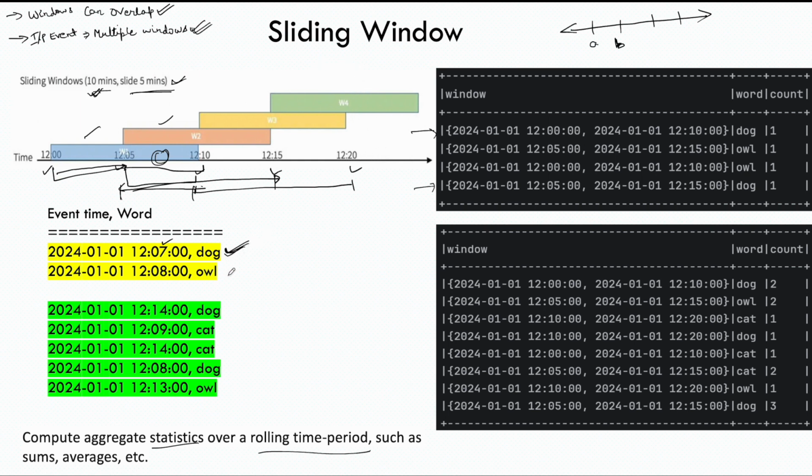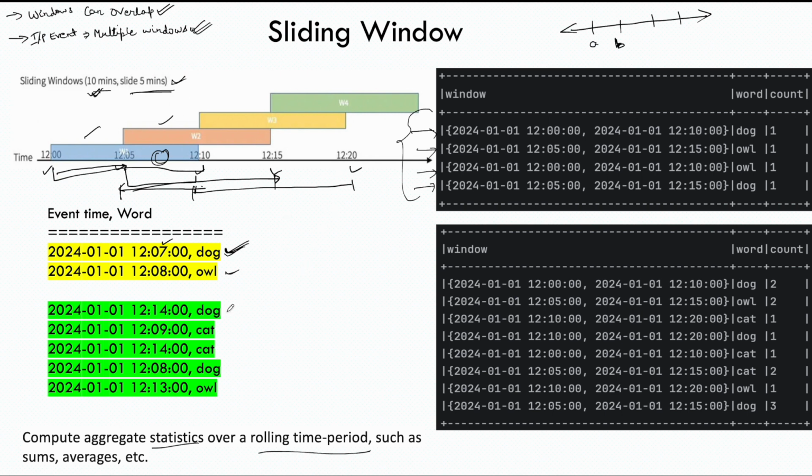For owl also, 12:08 is falling between 12 and 12:10, but it also falls between 12:05 and 12:15. So from 12:05 to 12:15 owl is 1, and from 12 to 12:10 owl is 1. So there are four different windows and their respective counts for the two events, but that was not the case for the tumbling window because tumbling window was non-overlapping.